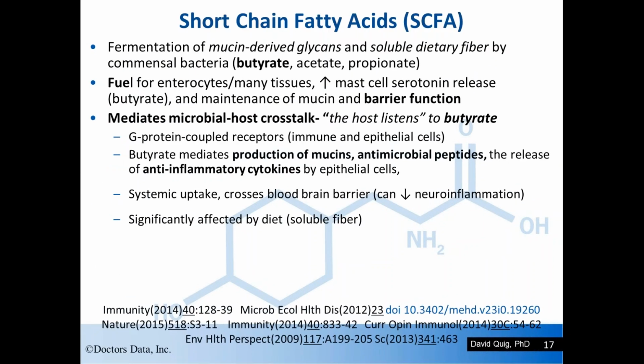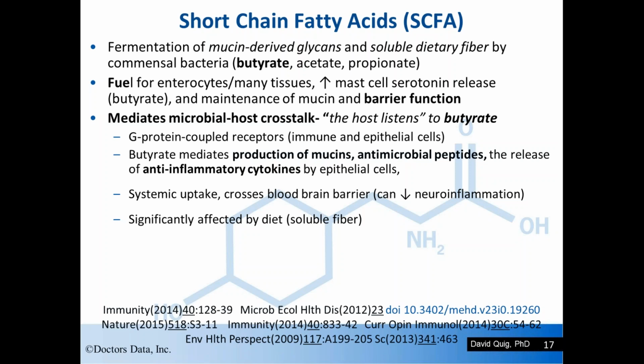Now, we can't have any discussion about the integrity of the intestinal barrier system without detailed discussion of the short-chain fatty acids, which are, of course, produced by fermentation of the mucin-derived glycans, as well as soluble dietary fiber by the commensal bacteria.